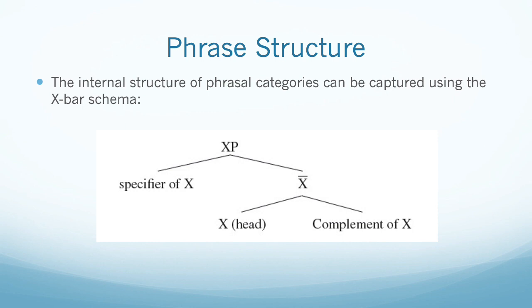That X-bar level branches into the head, X, and then the complement of X. We're going to come back to this schema, but I want to say a few more things about specifiers and complements and which kinds of things we can put into these slots.